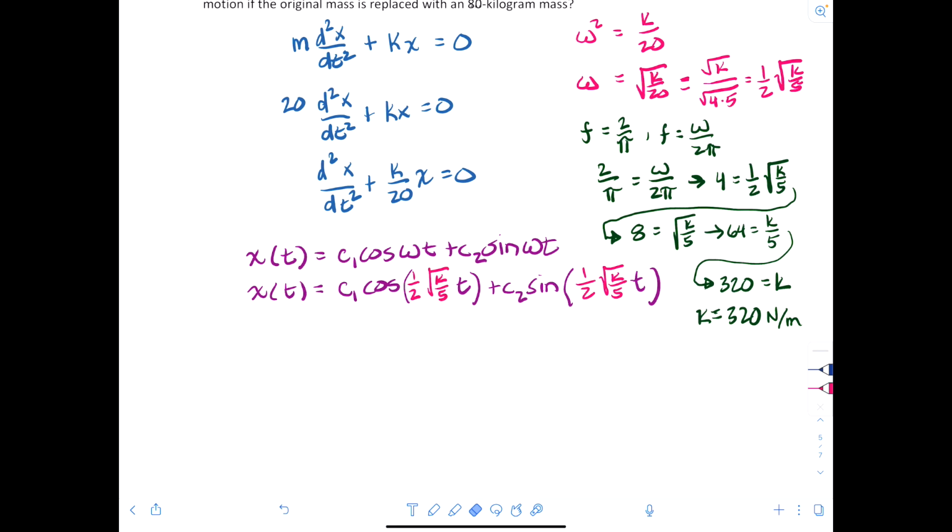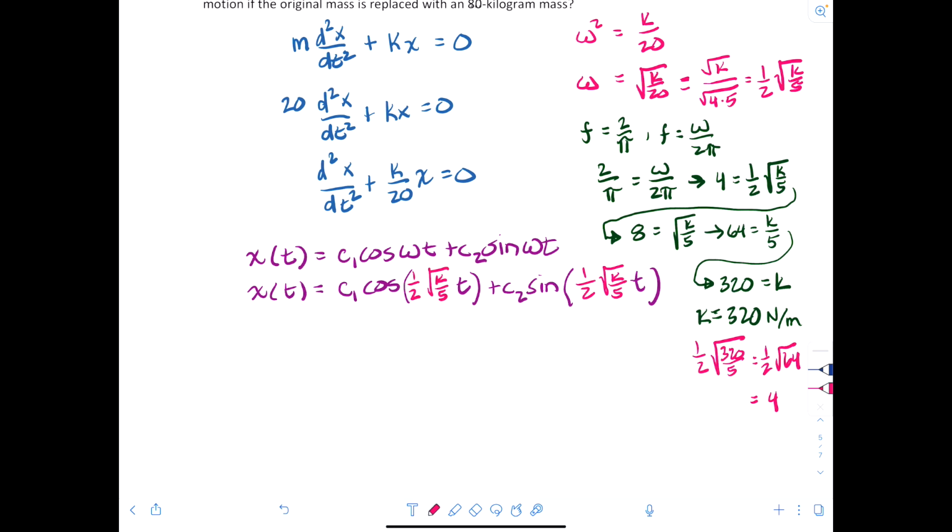So I'm looking here at the 1/2 times the square root of k over 5. Well, k is 320. So that's going to be 1/2 times root 64. Root 64 is 8. So we'll get 1/2 times 8, which is 4.